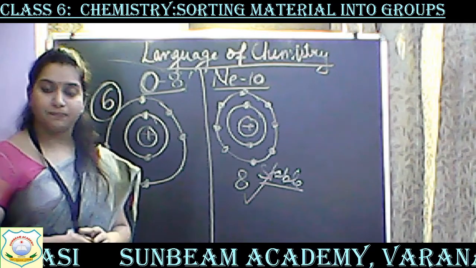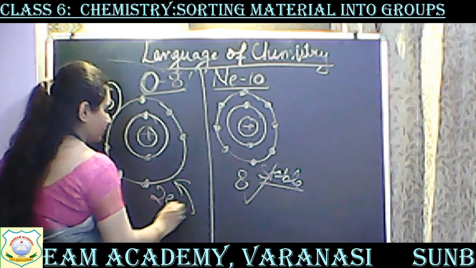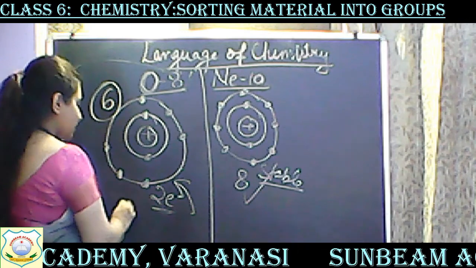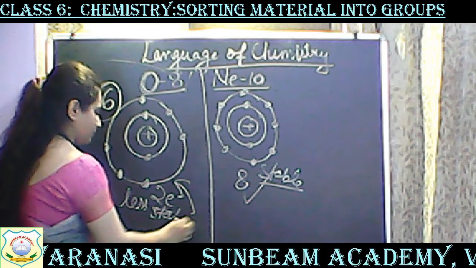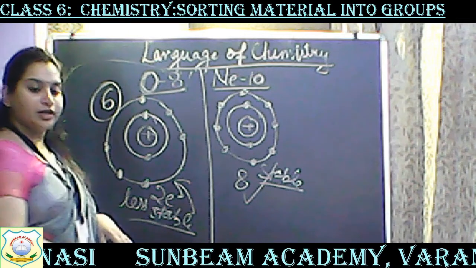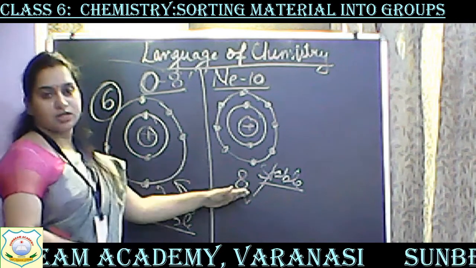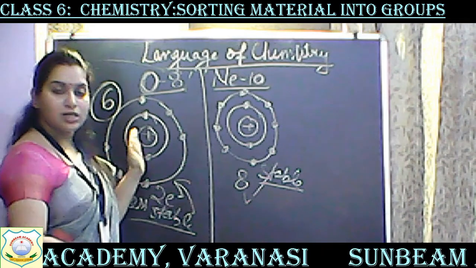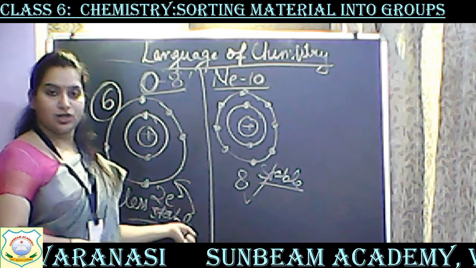Yes, so 2 electrons can be added. Okay, so it is less stable. Got it? So this is stable, this is less stable. Similarly, helium was stable, hydrogen was not stable. I hope this stability is clear to you.